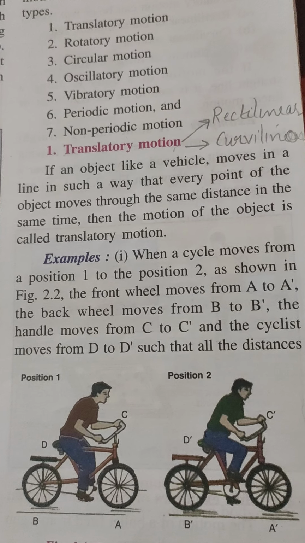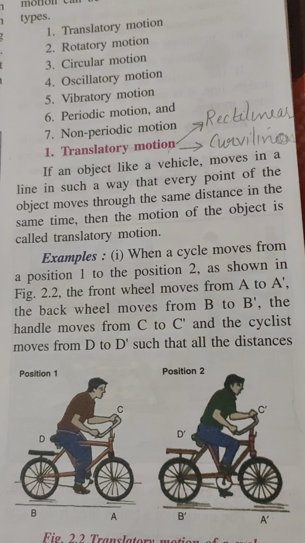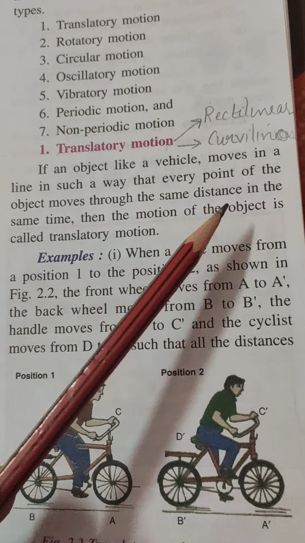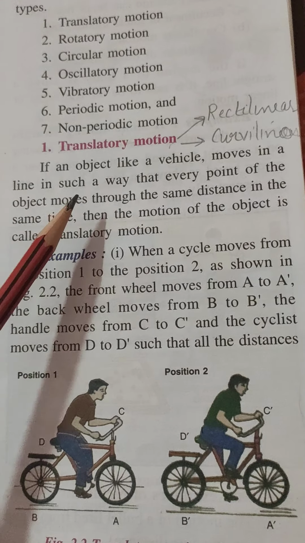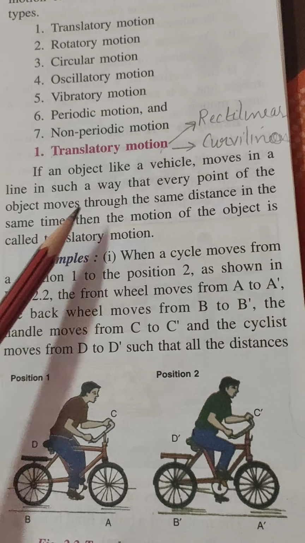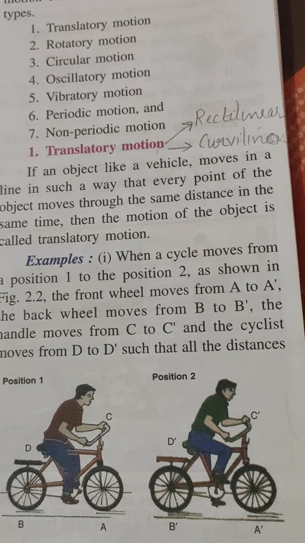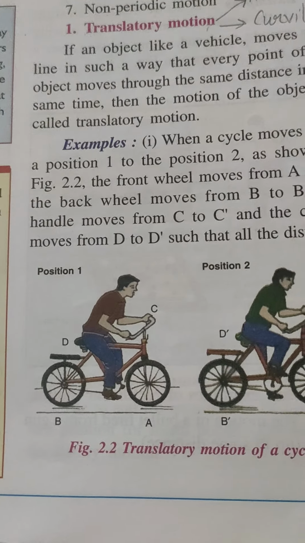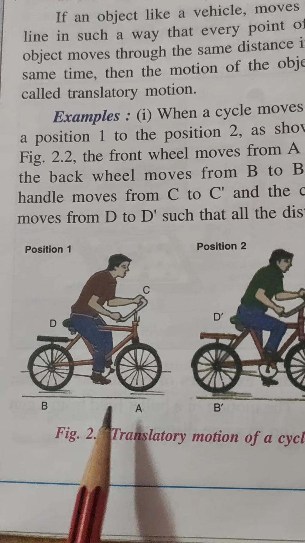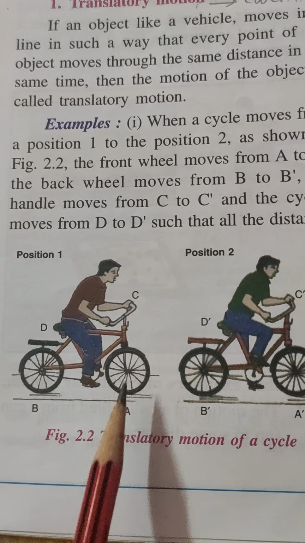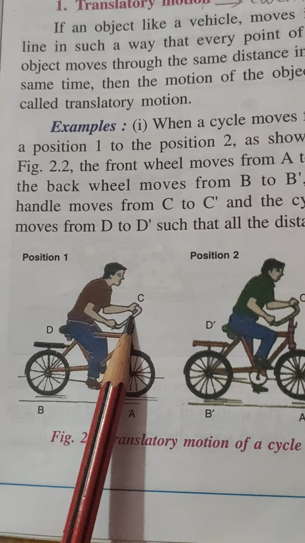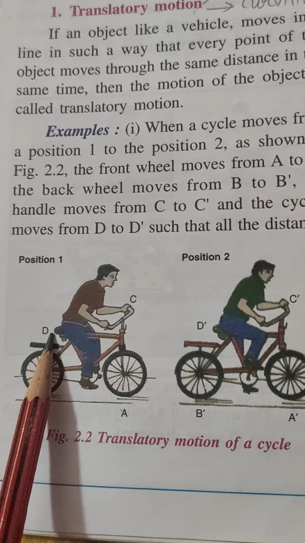Now, what actually is a translatory motion? If an object like a vehicle moves in a line in such a way that every point of the object moves through the same distance. See this figure now. This is a cycle. This is point A for the first tire, point B for the second tire, C for the handle and D where the person is sitting.